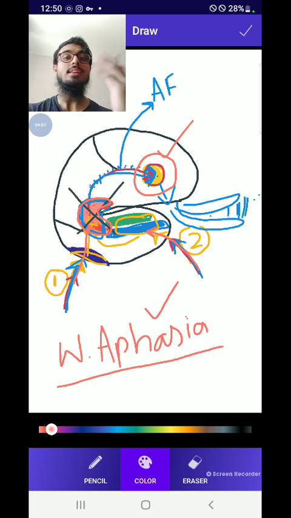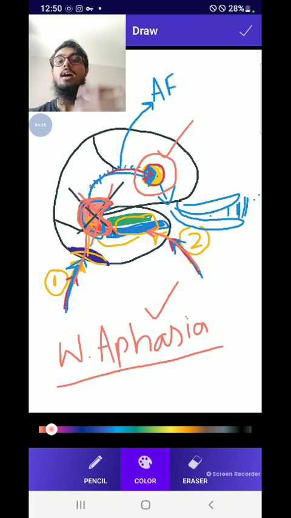There is another name for this condition, Wernicke's aphasia. What is the other name of this neurological pathology? It is receptive aphasia. You have to receive information in the Wernicke's area, but here is a problem in the Wernicke's area. You cannot receive. So receptive aphasia is the other name of Wernicke's aphasia.